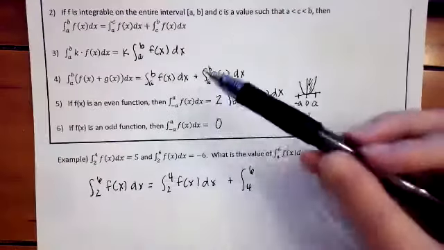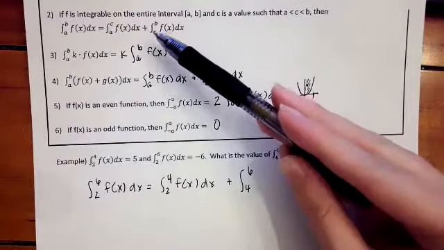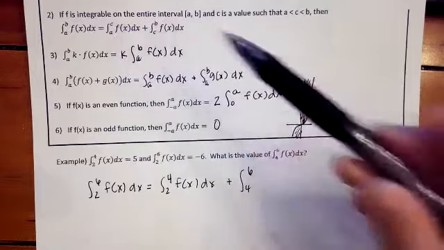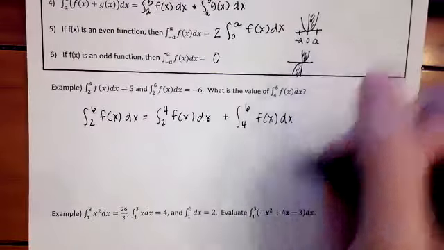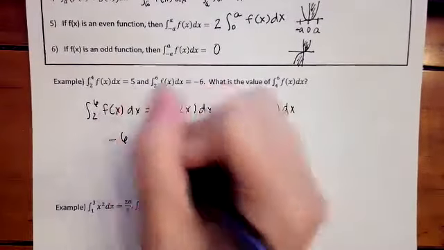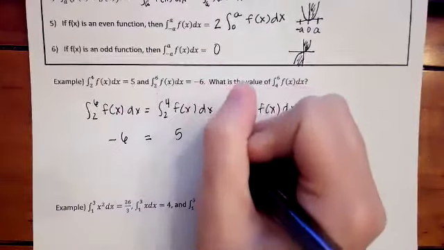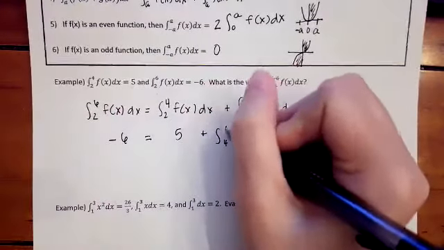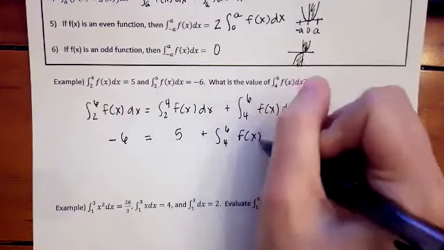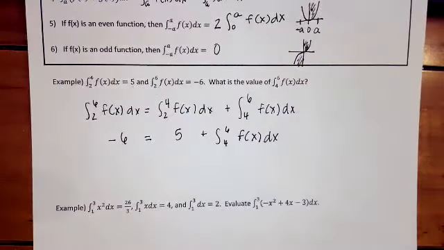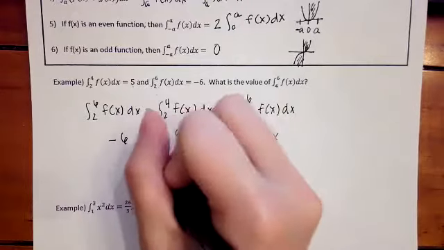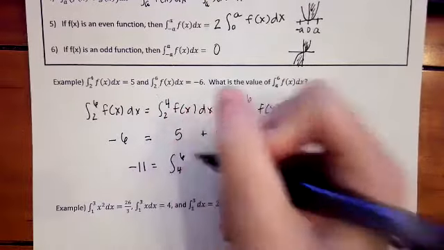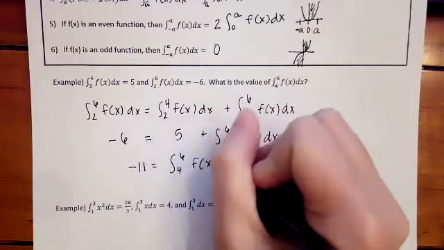Okay, so this is that kind of idea of breaking up my integral from a to c and then from c to b. And it works really well for this one because I know this value is negative 6, this value is 5. What I don't know is this one. This is what I was wanting to find. Okay, well now we have it as the only integral left. We can isolate it, so leave it on a side by itself, and we see that its area from 4 to 6 is negative 11.